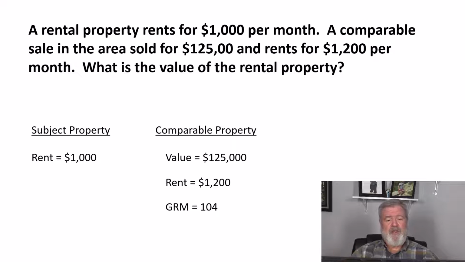It probably won't give you that exact answer, but if you round it, then it should be 104. Well, then I can take the gross rent multiplier and apply it to my subject property. And remember, the formula to figure out the value now is the monthly rent times the gross rent multiplier. And in this case, it would give me a value of $104,000.